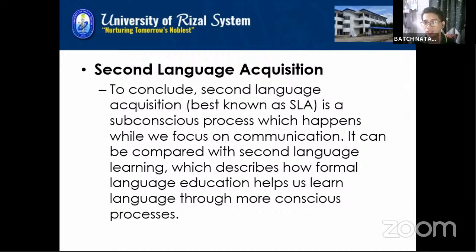Or your parents are telling you that these are the things that you should do whenever you're speaking to someone, these are the things that you have to follow when you're constructing sentences, or other people surrounding you. So that is language learning. Again, language learning is described as how formal language education helps us learn language through a more conscious process. Conscious because we are aware that we are studying it, and that's the difference between acquisition and learning as far as language is concerned.